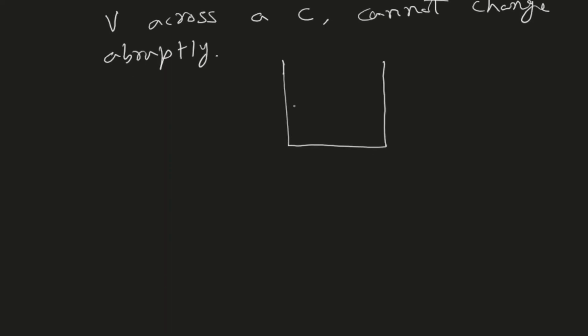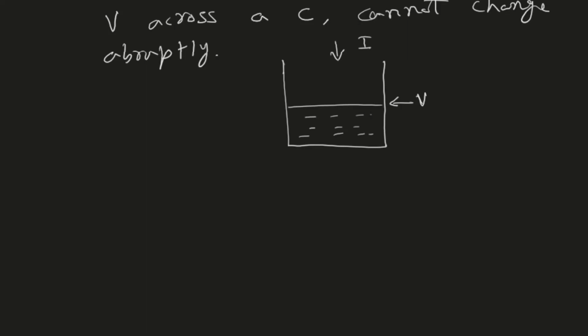So let's say this is our capacitor, which is again a bucket of water, and the only way I can increase this voltage across the capacitor V is by pouring current, or water, into the capacitor. If we pour water, we know that the voltage will rise as a function of time. If we take water out from the bucket, the surface of the water level will slowly decrease, which corresponds to a decrease in the voltage across the capacitor.